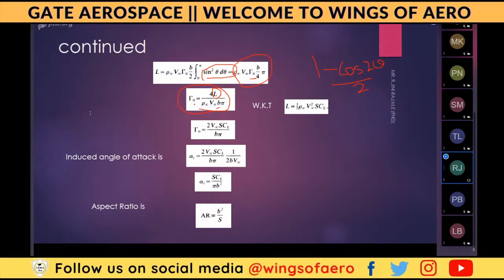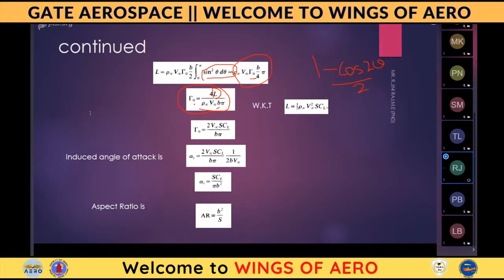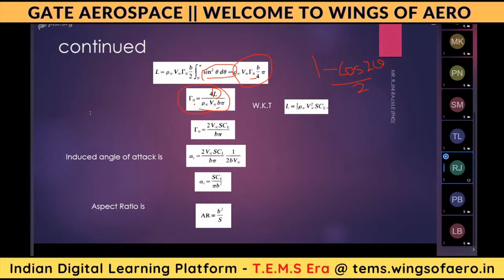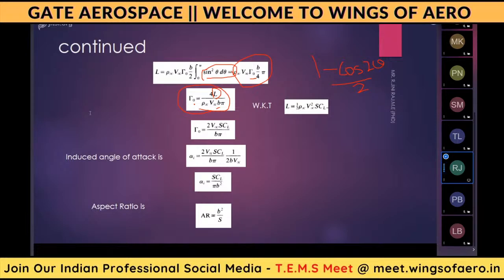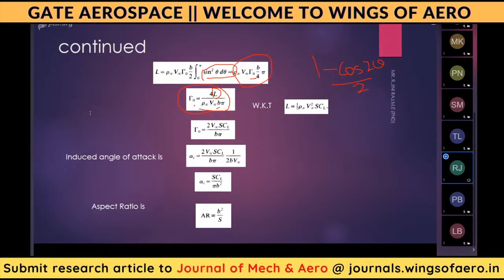We all know that for an elliptical wing lift distribution, the circulation at the tip is equal to 0, and the lift distribution is also 0 at the tips, but at the root the value changes. They won't ask for circulation at the origin, they will ask for circulation at the root.